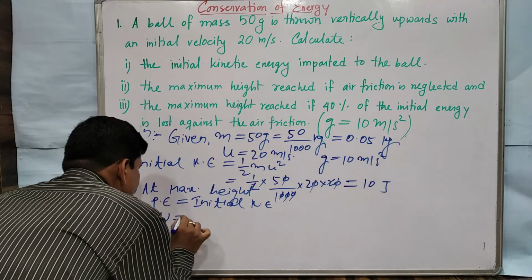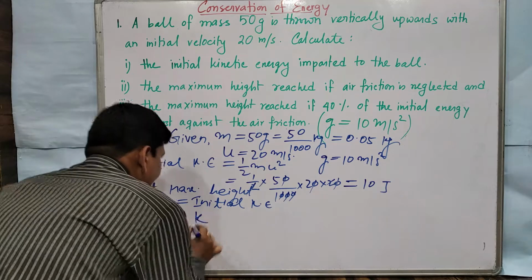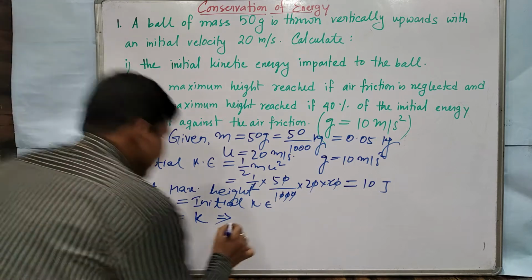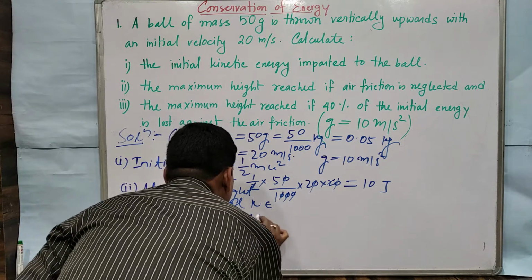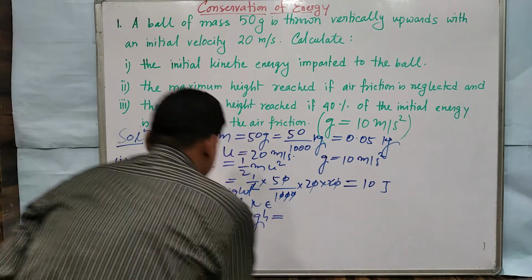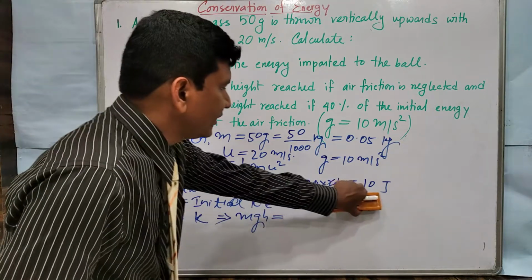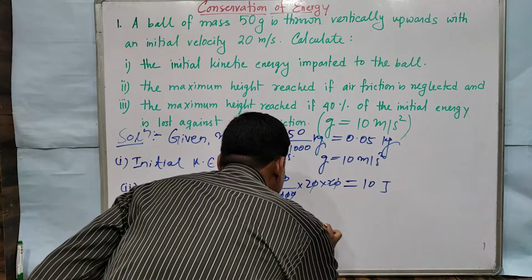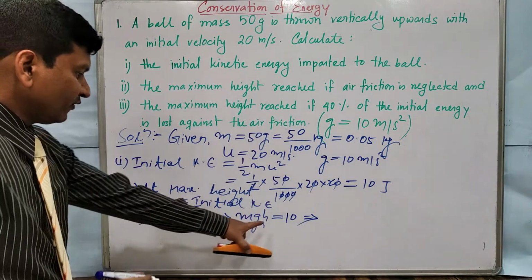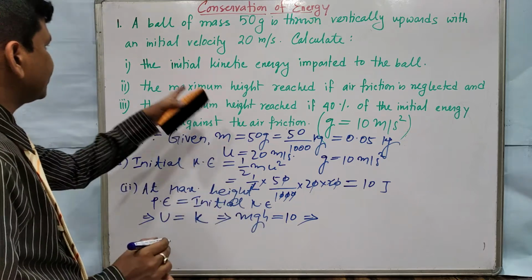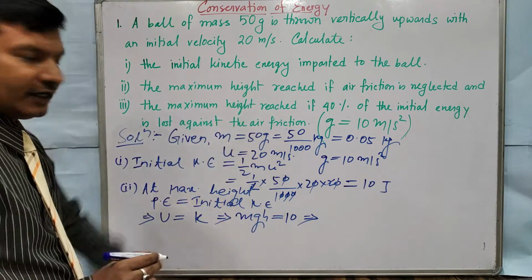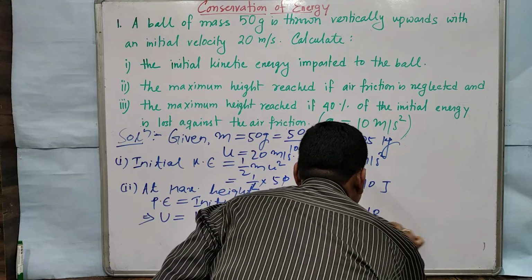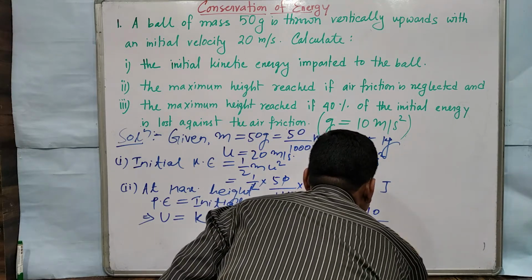So that implies potential energy U is equal to kinetic energy K. What is the expression of U? mgh. So now we can write here mgh is equal to the value of kinetic energy we already got in question number 1, that is 10. We are going to find the value of h, the maximum height. So h is equal to 10 divided by m into g.